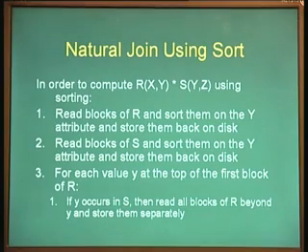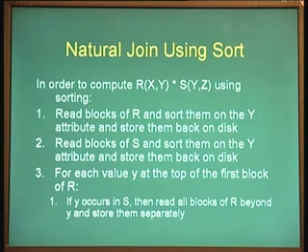The last algorithm that we will be looking at in the sorting strategy is the natural join function. The natural join, as you know, is an equijoin that operates on two relations. It's a binary operator, and it's an equijoin on attributes having the same name and domain in the two relations.